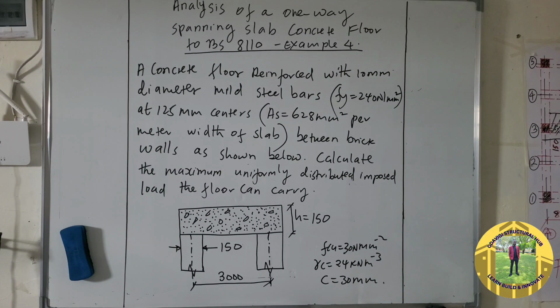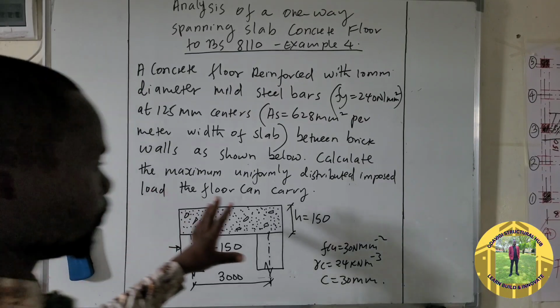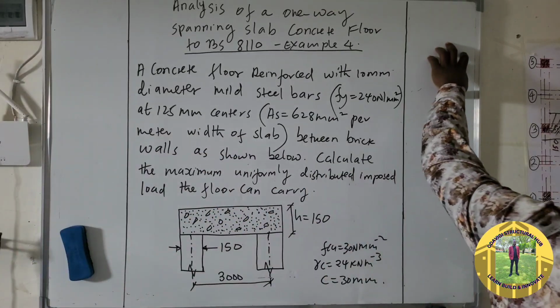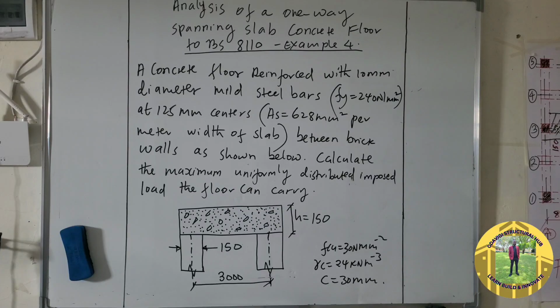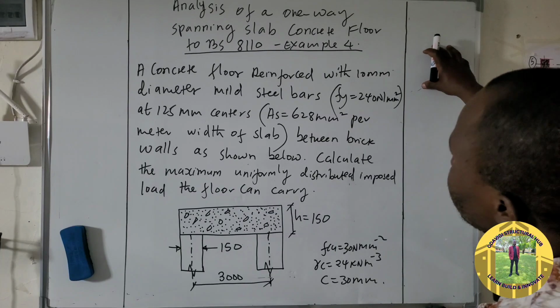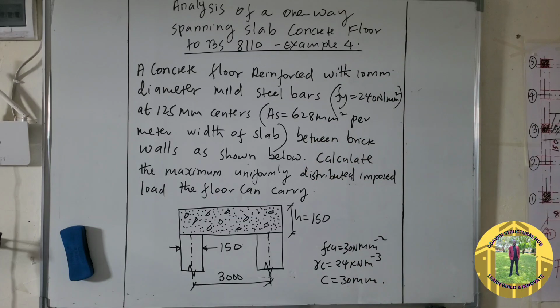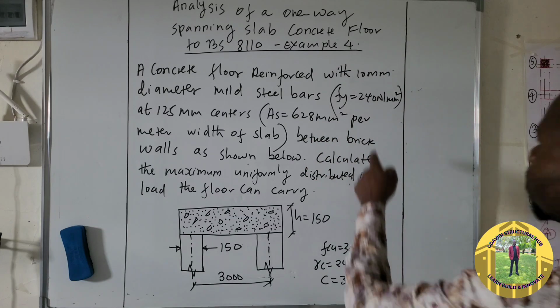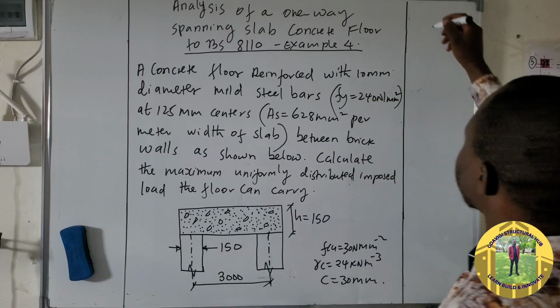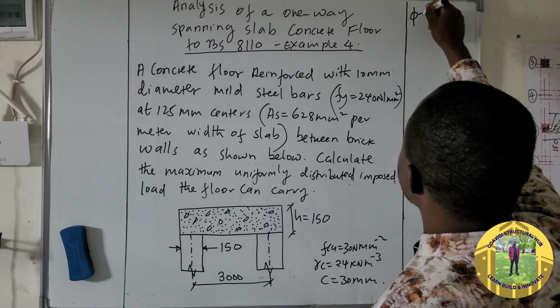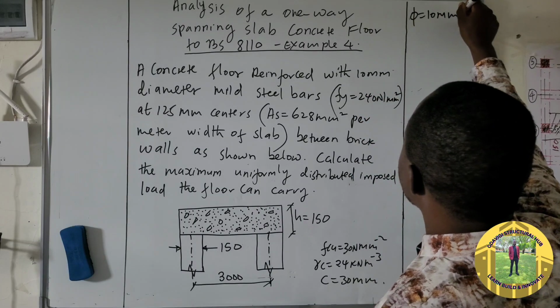So, solution. Before I begin solving this question, I want to capture the most important information on this column so that I can rub here and create more space for more calculation. So the diameter is 10 millimeter.